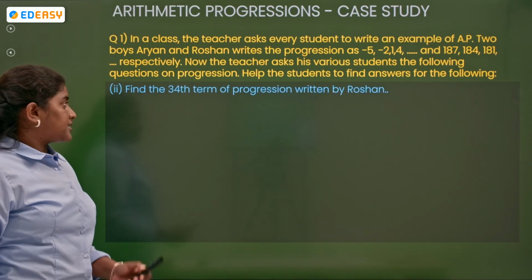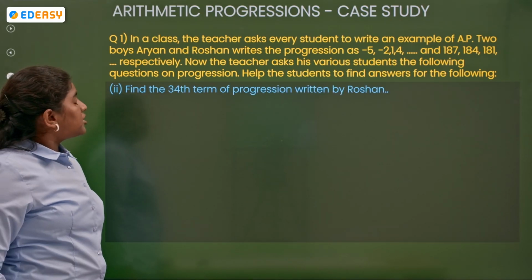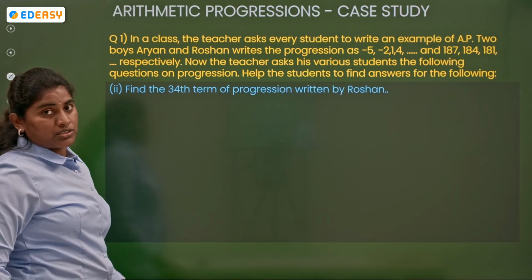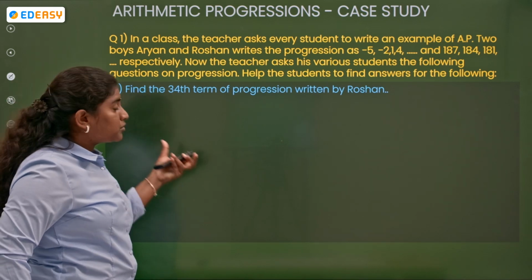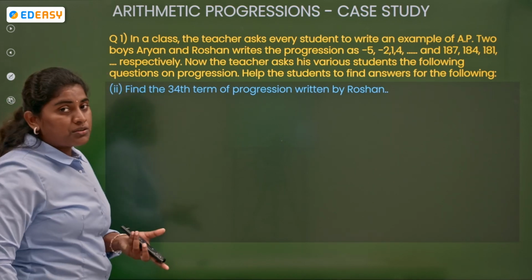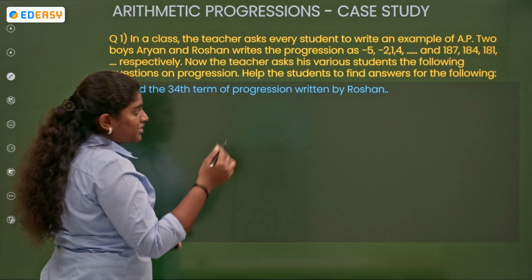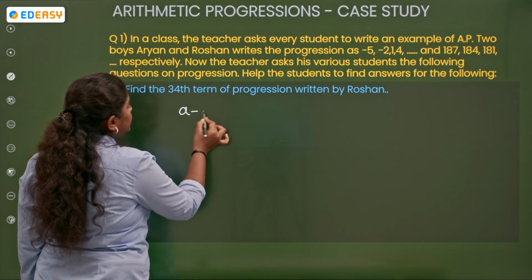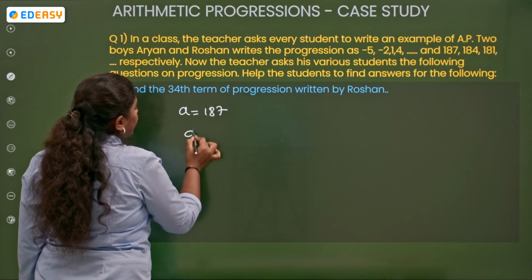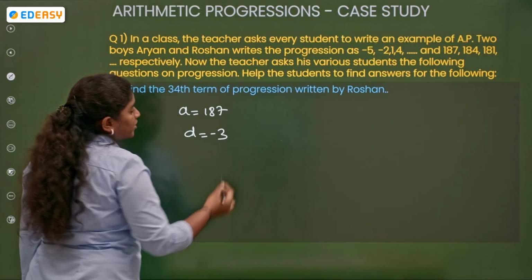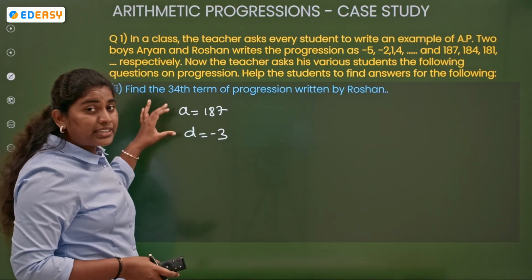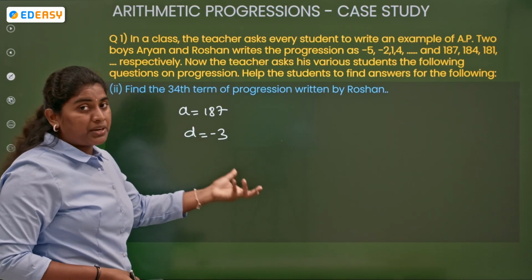Now moving to the next. Find the 34th term of the progression written by Roshan. So we need to find the 34th term of Roshan's AP. Here A is 187 and D is minus 3. How do we know A and D? We already found them in the previous slide.